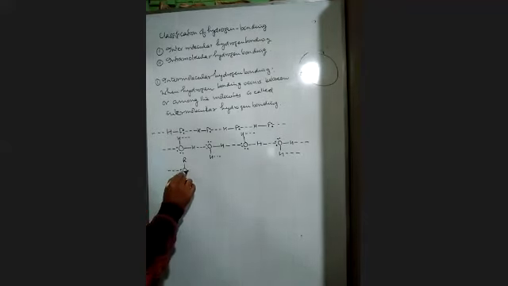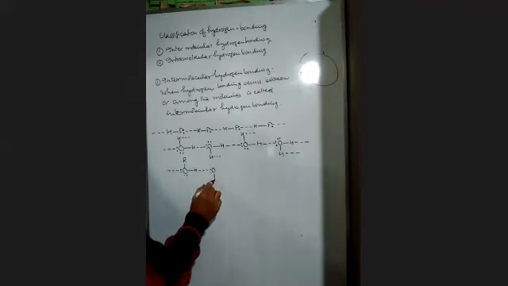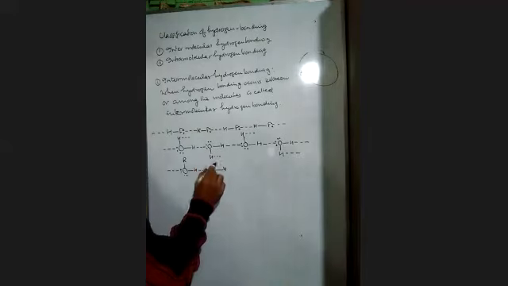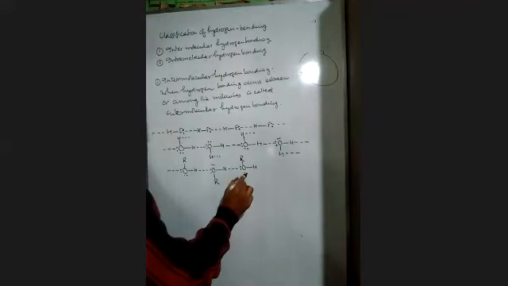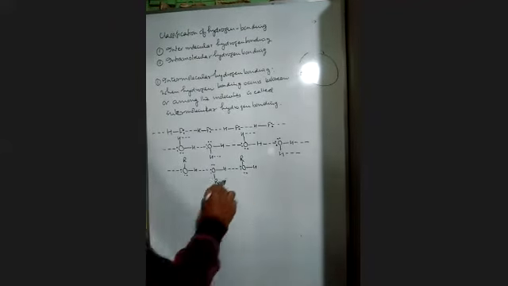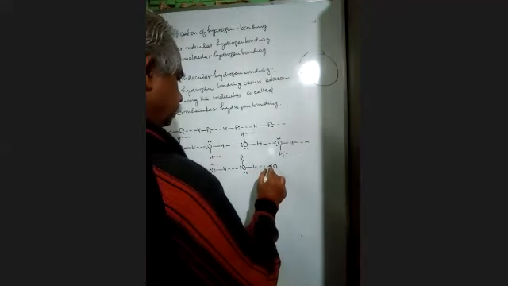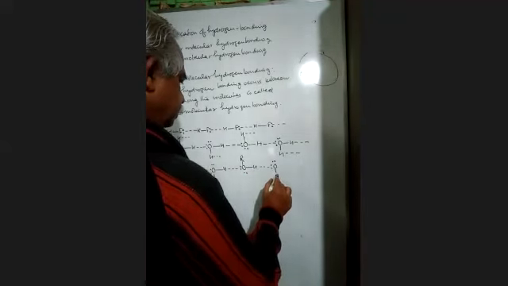Now this is for alcohol. So I have shown one with fluorine, one with oxygen, two with oxygen, because any of them may become.